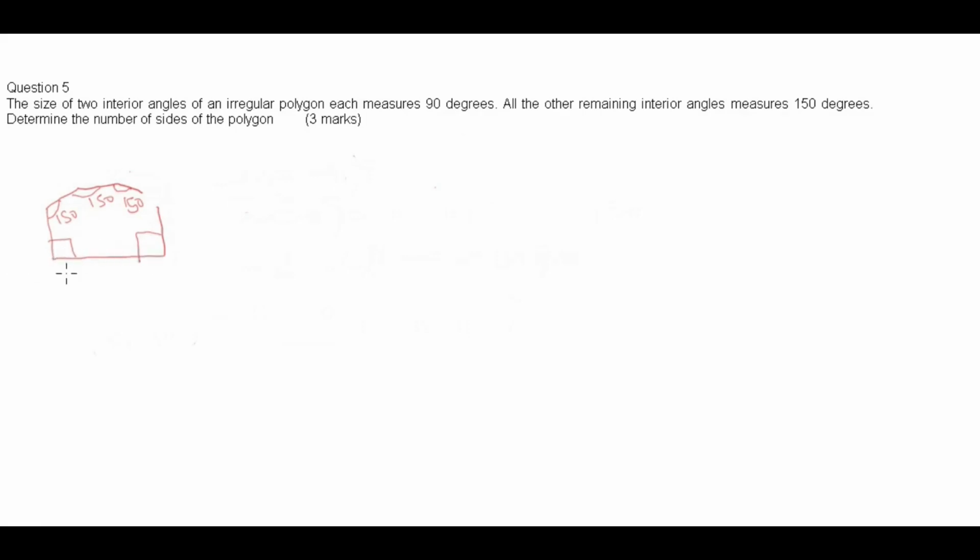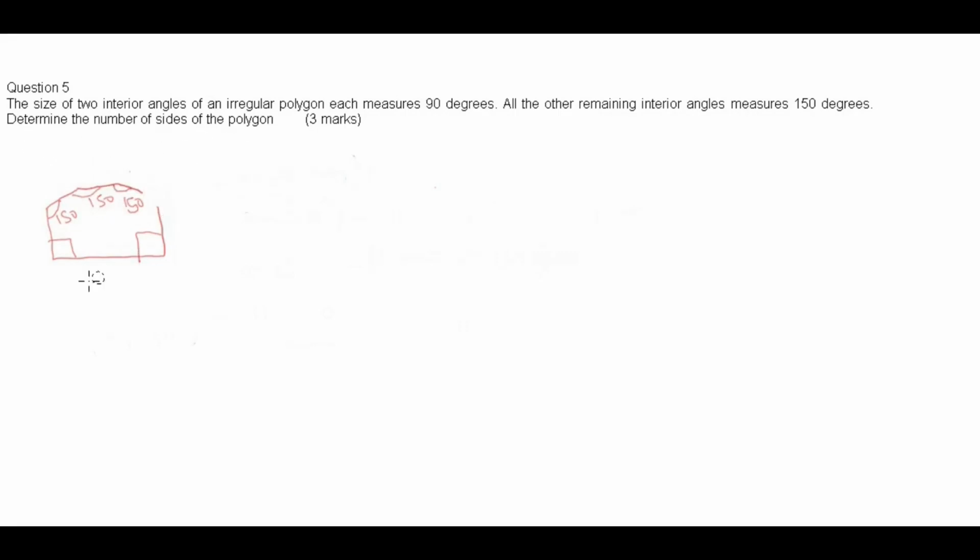Two angles measure 90 degrees, and you have been told all the other remaining interior angles measure 150 degrees. These are the remaining interior angles. They measure 150 degrees each.